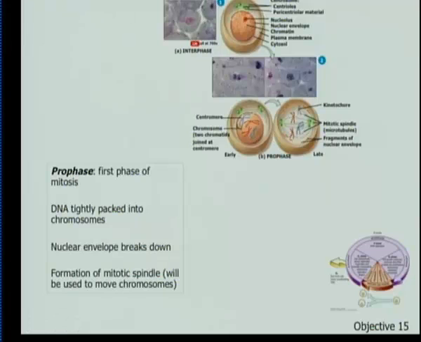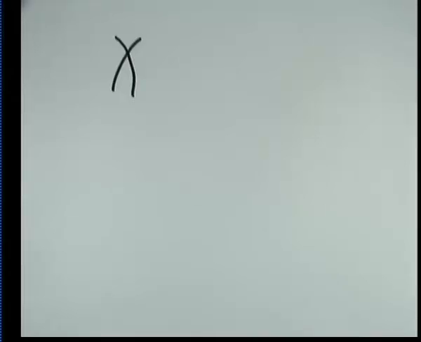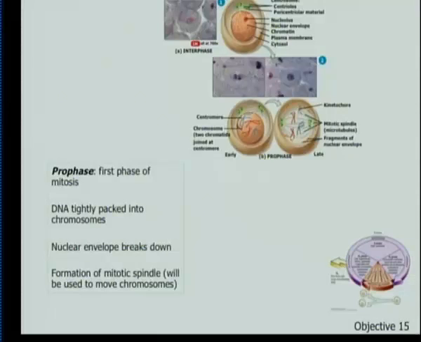Now, one of the things that I think is very important to mention at this point is whenever we draw chromosomes, if you asked anyone who has any biology experience whatsoever, okay, draw me a chromosome, probably of those who have studied it before, 99% of them are going to draw it like this. And they're going to draw it to look like an X. And we do that, and notice on the graphic, they look that way as well.